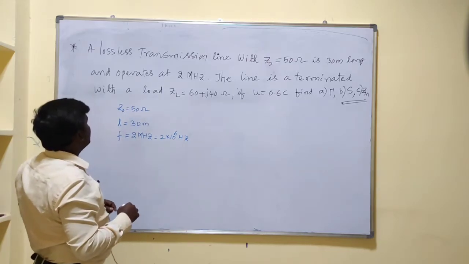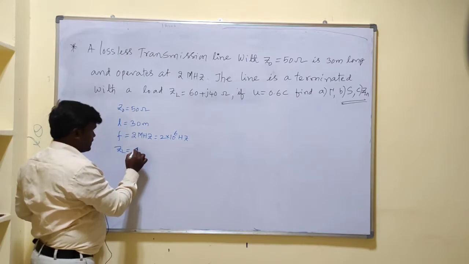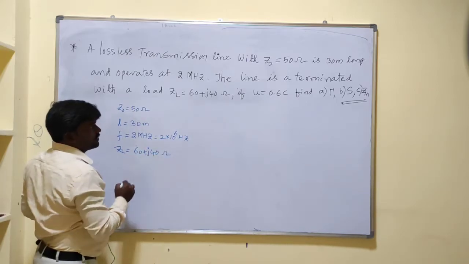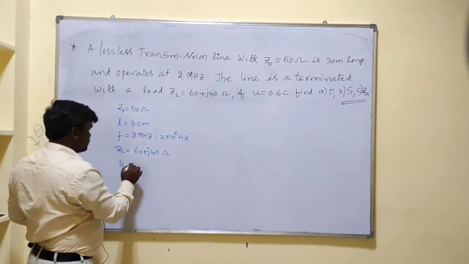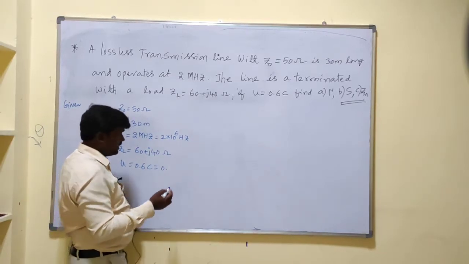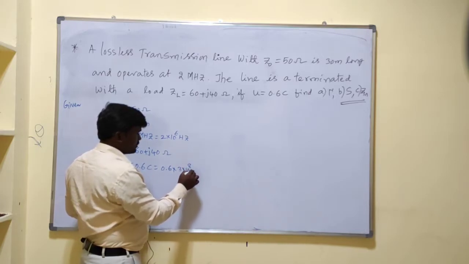The line is terminated with a load impedance ZL equal to 60 plus j40 ohms. The phase velocity u is given as 0.6 into c, where c is the speed of light in vacuum, that is 0.6 into 3 into 10 to the power 8 meters per second.